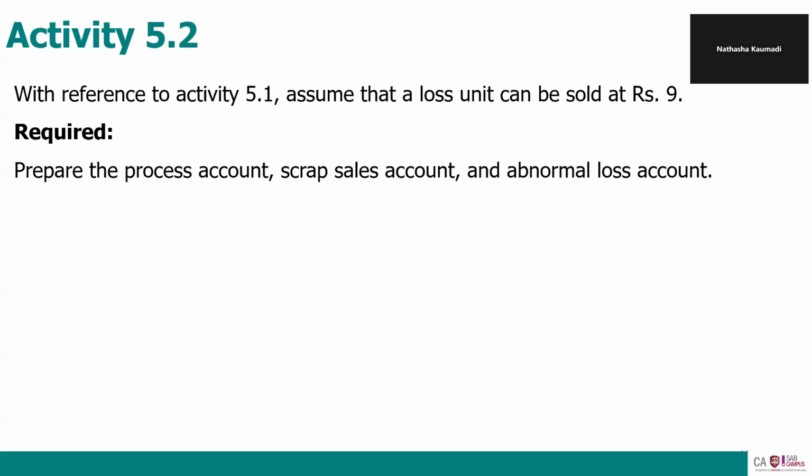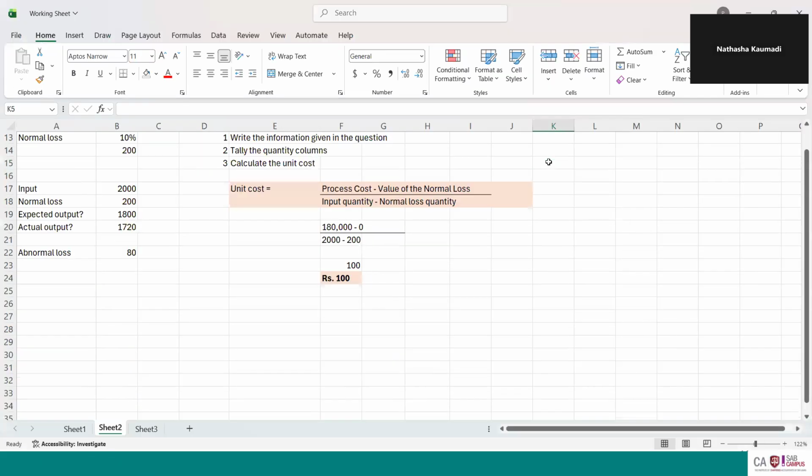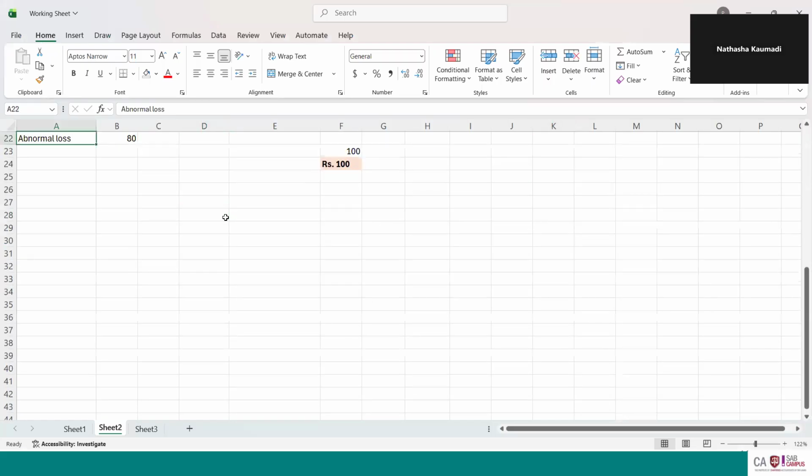So you can say, assume that a loss unit can be sold at 9 rupees. The term we use for the amount we generate by selling the loss units is scrap sales. We call it scrap sales.